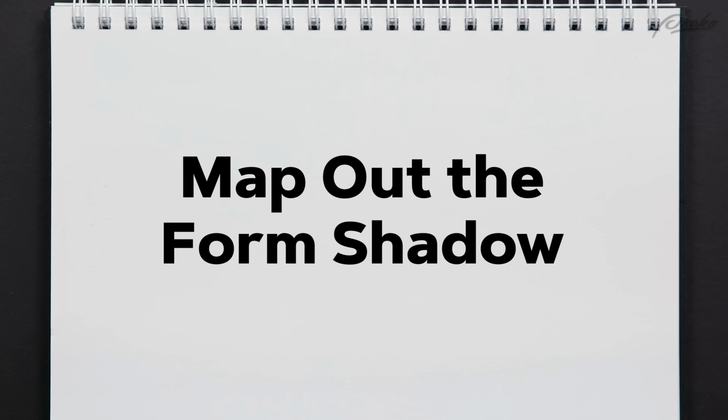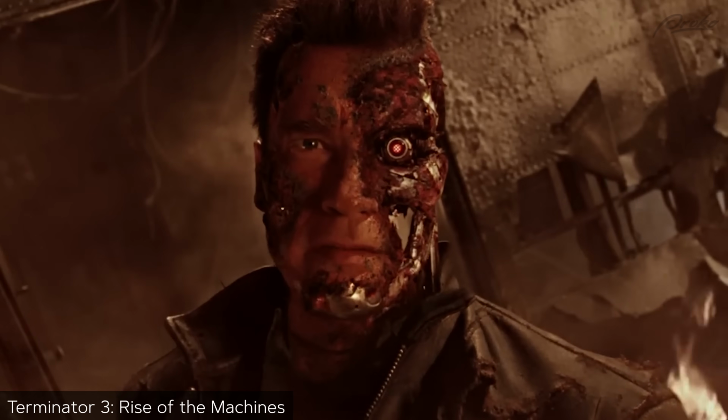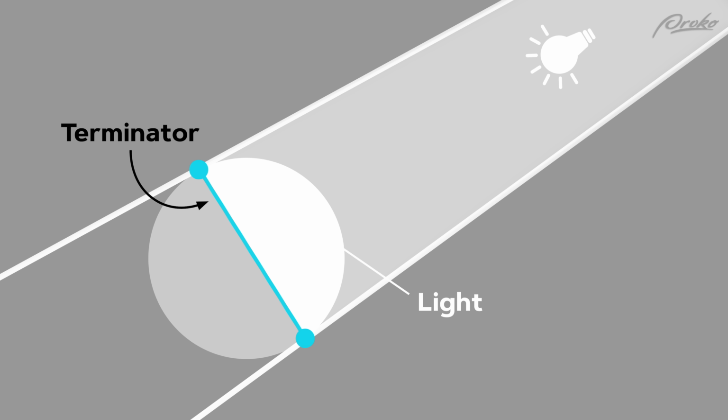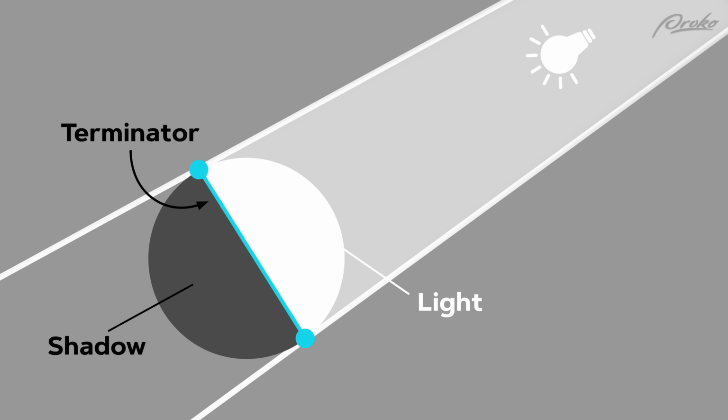Now let's map out the form shadow. The first and most important thing we need to do is separate the light from the shadow, which happens at the terminator. The terminator is where the light rays from the light source just barely skim the surface and the planes start to face away from the light. Everything on one side of the terminator is in light and everything beyond it falls into shadow.